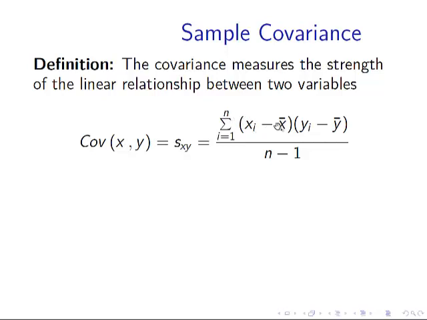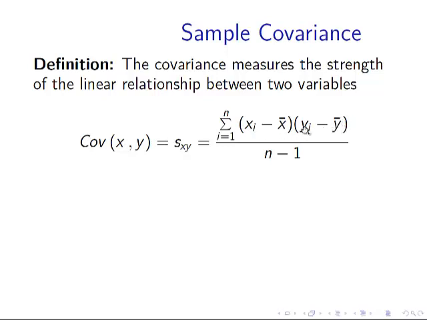Here, as you see, we subtract from each value x, which we denote as xi, the mean of the x variable, multiplied by yi, which represents the y variable with number i, minus the average of these variables.